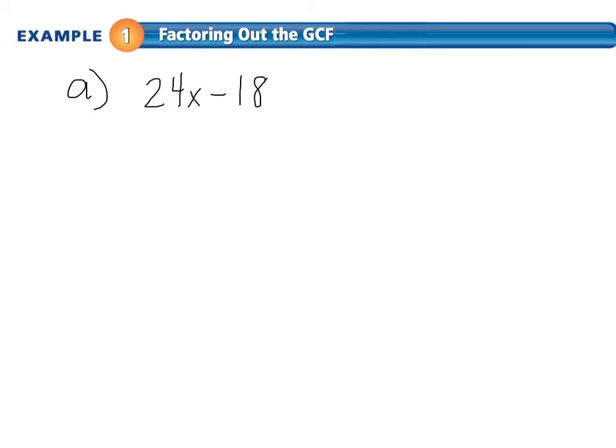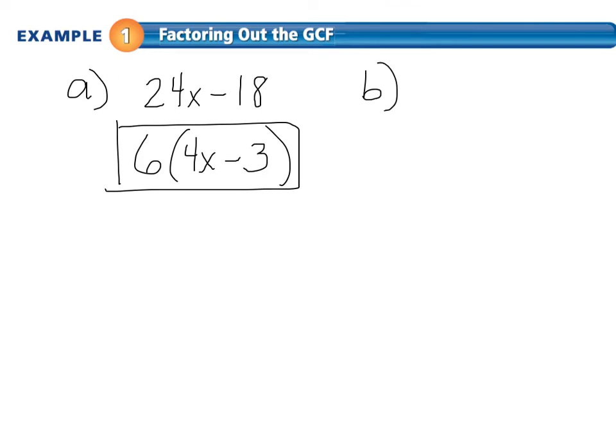Now you could pick 2 or you could pick 3, but that's not the biggest factor. So what is the greatest common factor? It's 6. So we can distribute a 6 into an expression, or what I say is undistribute it. So if you undistribute it, 24x divided by 6 gives us 4x, and negative 18 divided by 6 is negative 3. So it would be 6 times 4x minus 3.